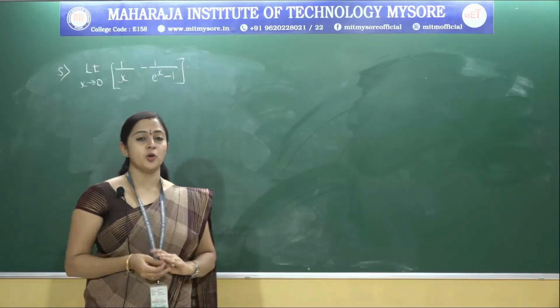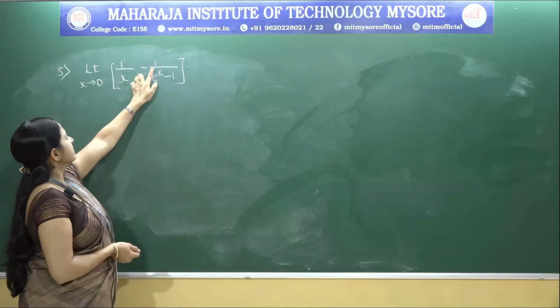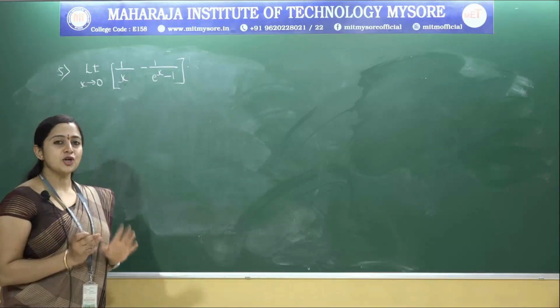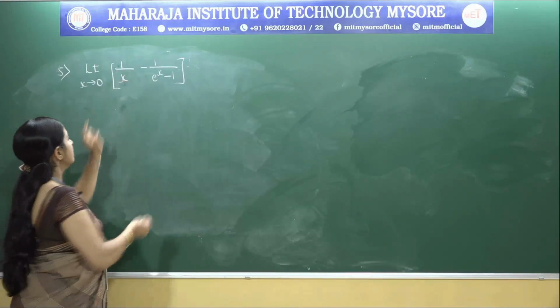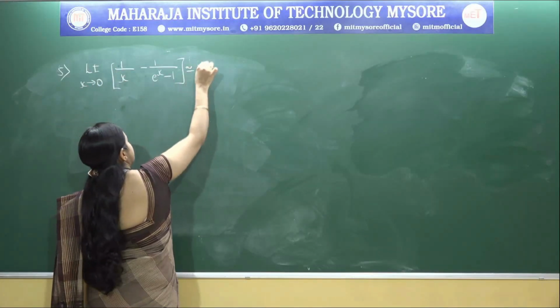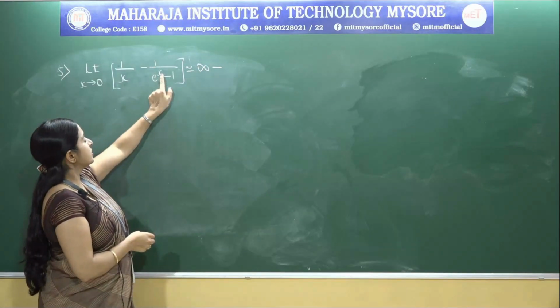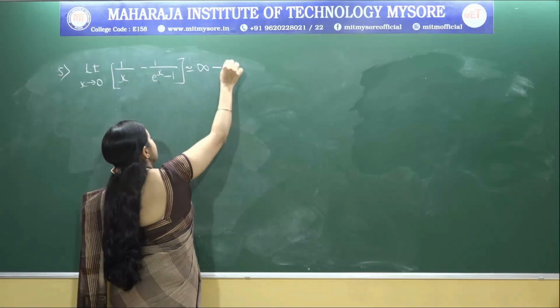The next problem, limit of 1 by x minus 1 by e power x minus 1 as x tends to 0. First you apply the limit. As x tends to 0, 1 by 0 you will get the infinity, minus, here 1 by e power 0 is 1, 1 minus 1 is 0. So again 1 by 0 is infinity.